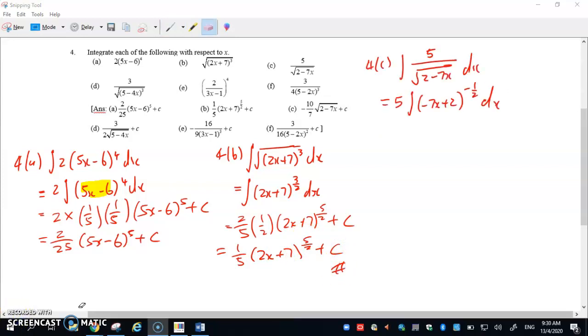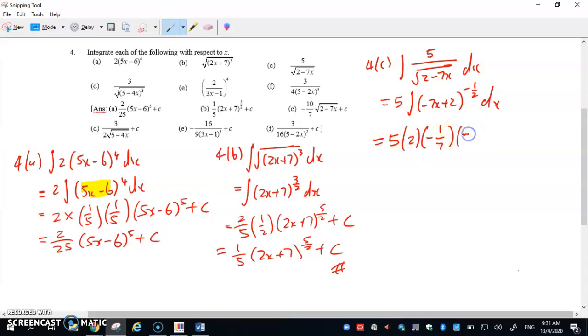Alright, so for 4c, you may express our expression in this manner. Then after that, we will integrate: 5 multiplied by negative half plus 1 is half. So you are dividing by half, which is multiplied by 2. And then to remove the effects of chain rule, you divide by negative 7.